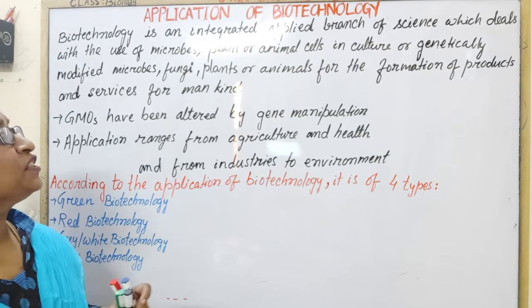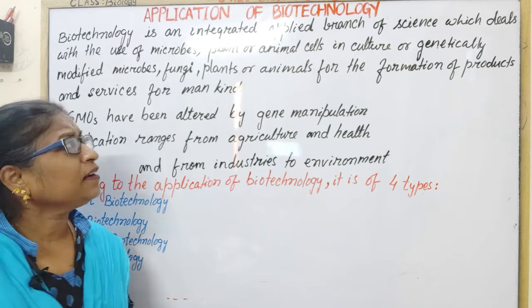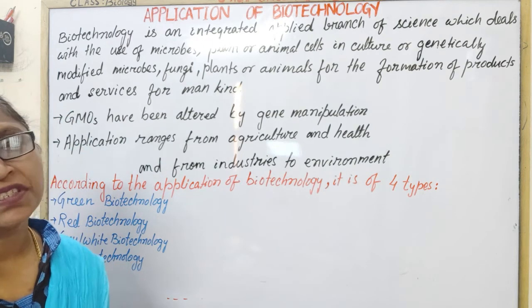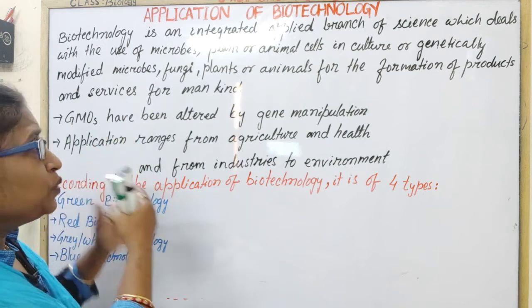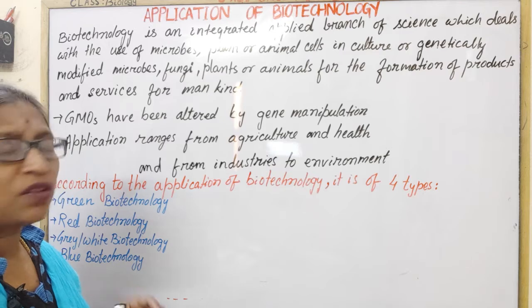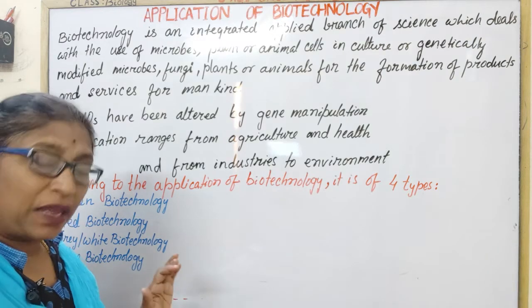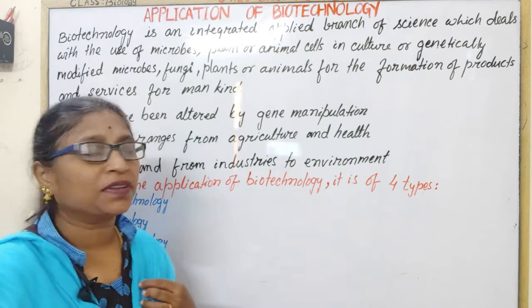Write down the definition. Biotechnology is an integrated and applied branch of science which deals with the use of microbes, plant cells or animal cells or the whole organism for the formation of beneficial products and services for the mankind.